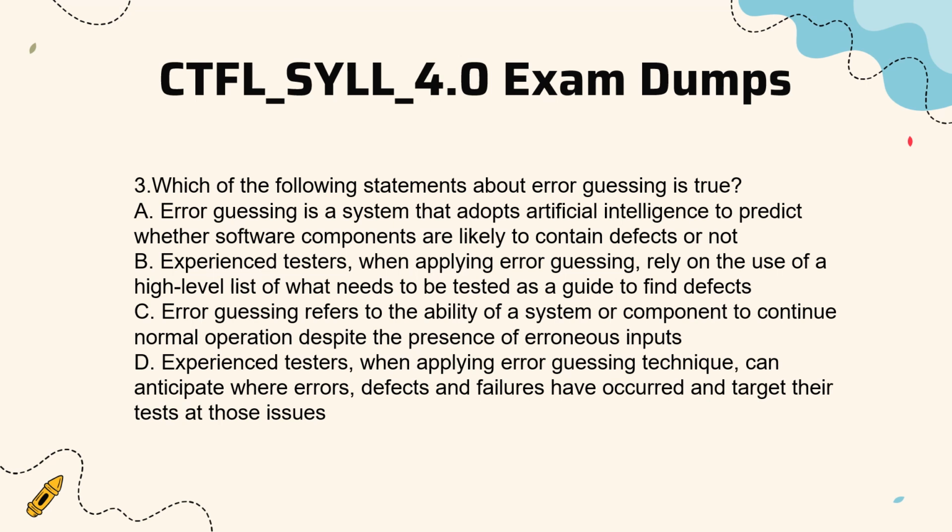C. Error guessing refers to the ability of a system or component to continue normal operation despite the presence of erroneous inputs. D. Experienced testers, when applying error guessing technique, can anticipate where errors, defects and failures have occurred and target their tests at those issues.